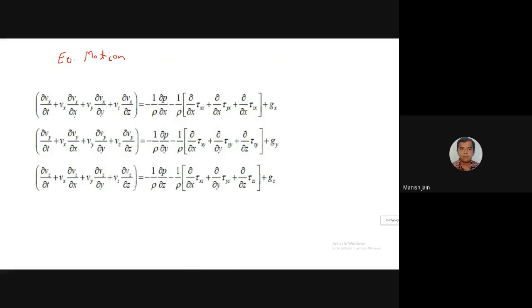In first equation, you will find all terms will be zero. In second equation also, all terms will be zero because Vy is zero and tau xy, tau yy, tau zy are zero. Pressure is equal at all sides, so you don't have any pressure difference.